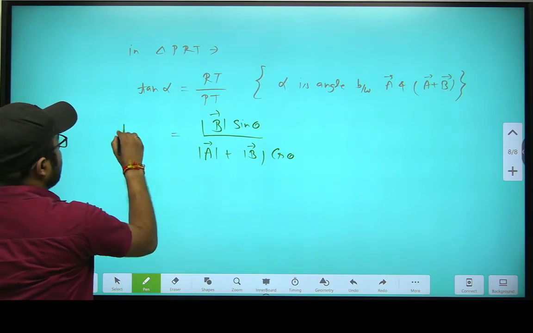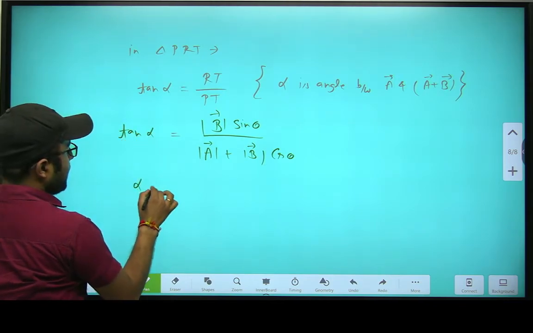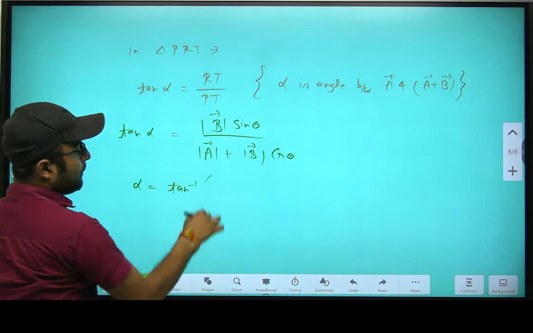This comes out to be tan of alpha. So what is alpha?